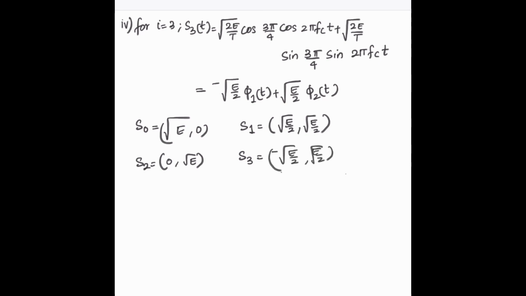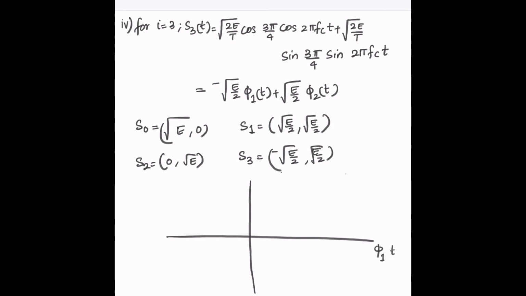This is obtained by just considering the equations and taking only these components, which gives the coordinates of the signal vectors. The next step is to draw the signal constellation diagram.